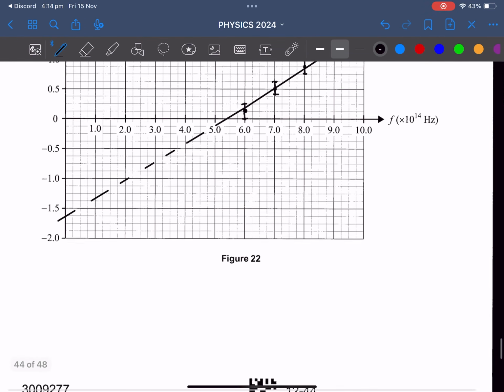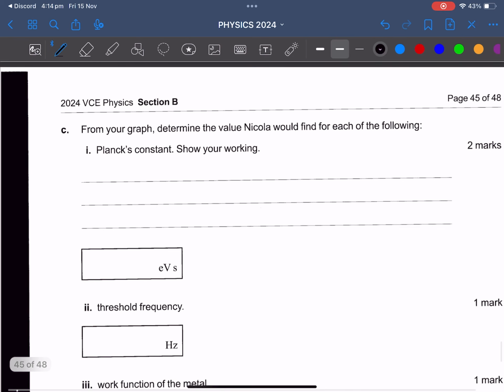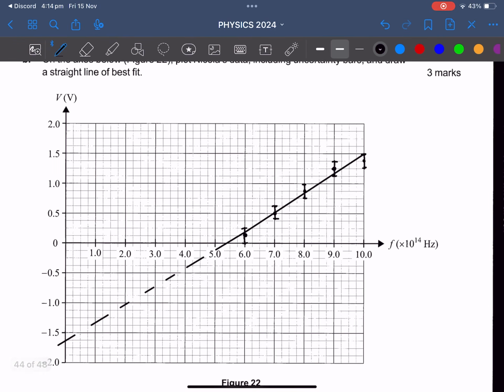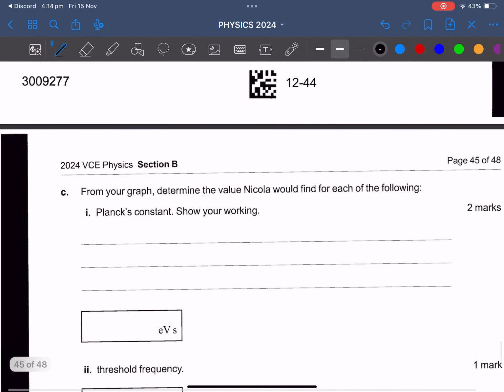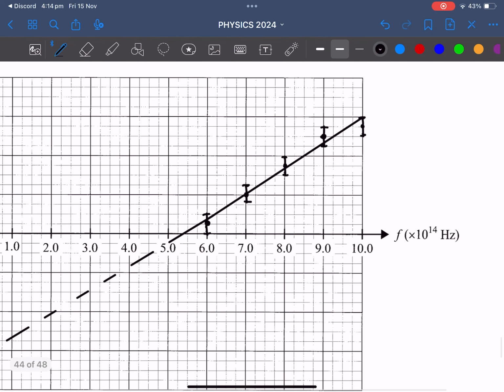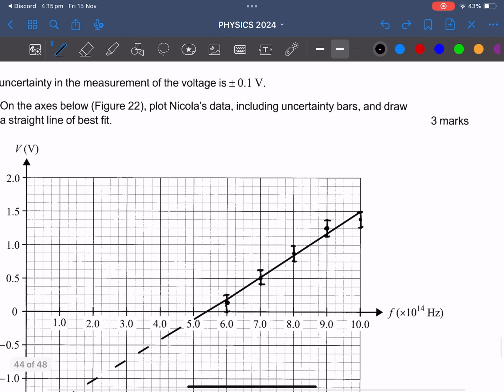Okay, cool. So from your graph, determine the value Nicola would find for each of the following. Planck constant, show your working. Okay, so Planck constant is just finding the gradient. So m is equal to, I'm going to use these 2 points over here, easy because they are very close to the actual given value.